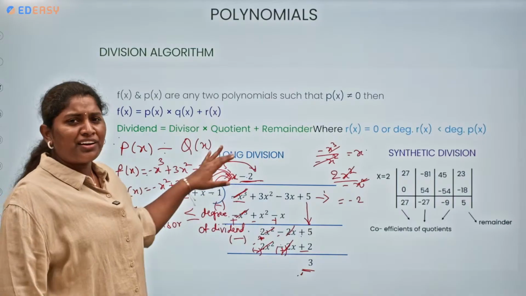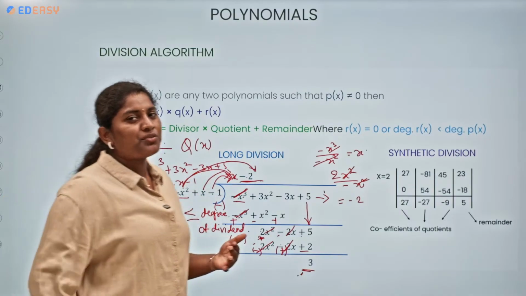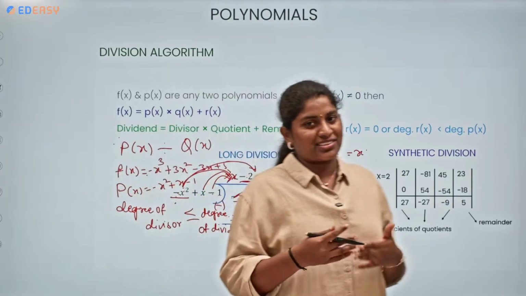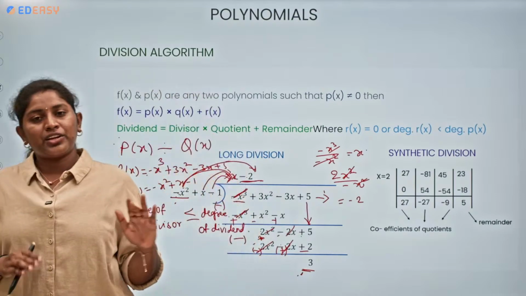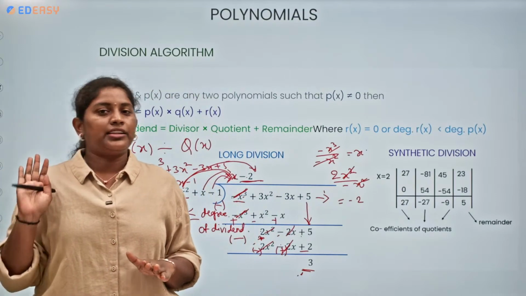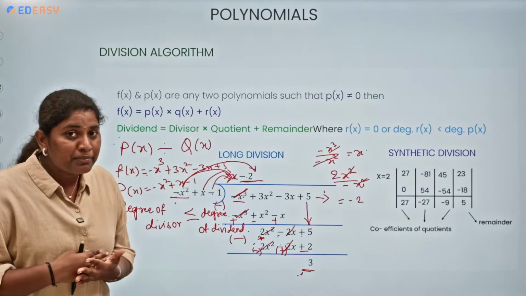Okay. So here we completed the division within a few steps, right? But for some of the questions it will be an extension. Don't worry about that. If you understand the concept, then you can go on till you are getting the remainder. Then how can we identify the remainder?